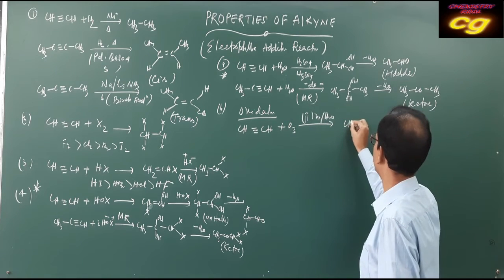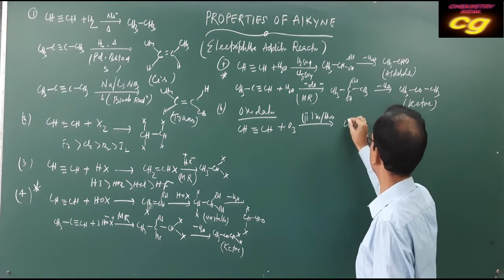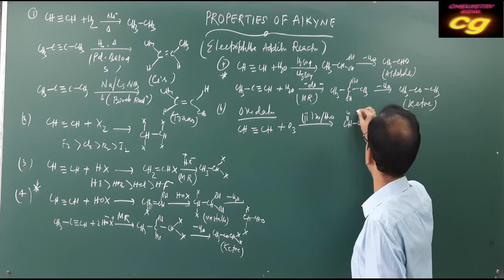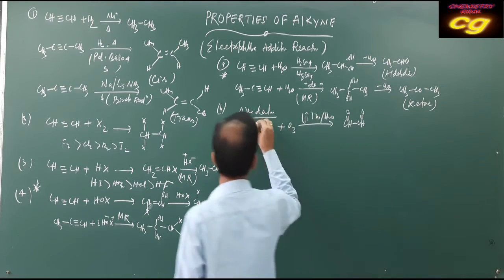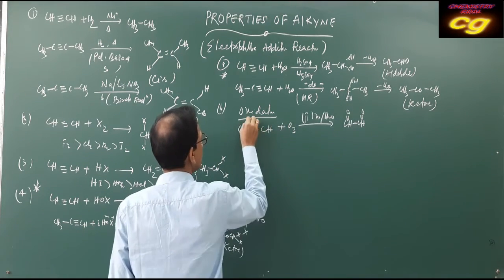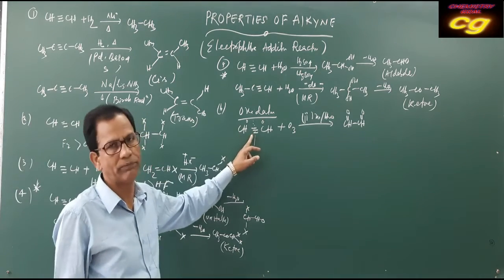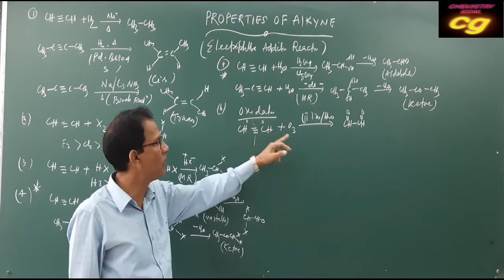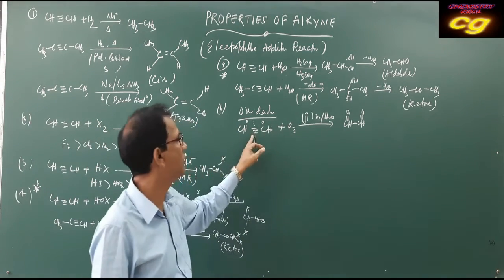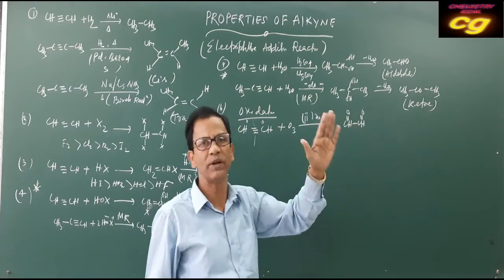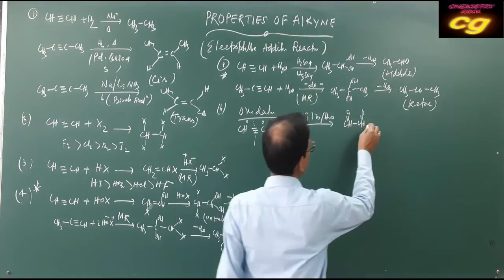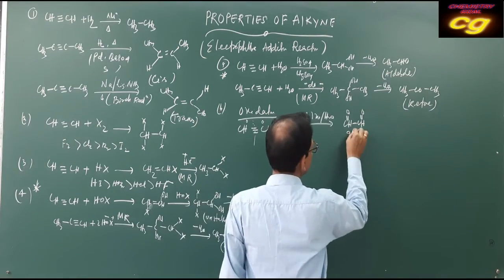The product is CH, single bond CH, double bond O, double bond O. Here O and O will be added, but one bond will remain. In case of a triple bond, one bond remains. In case of a double bond, there will be no bond. It will be separated.